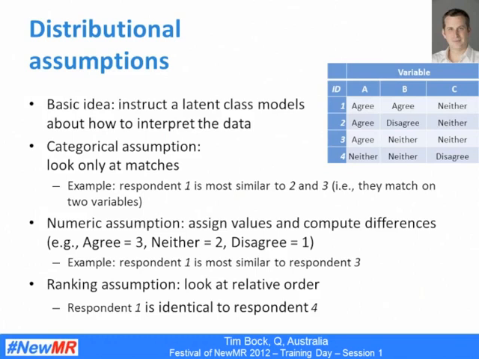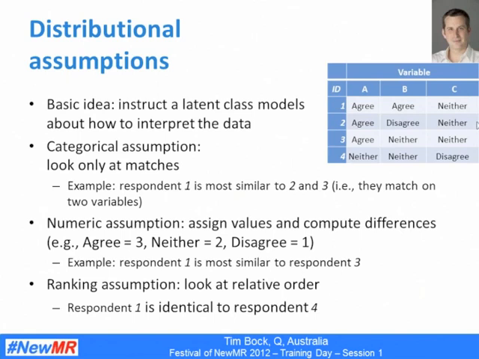So thinking about a rating scale, and here I'm going to show you for 4 respondents who have rated 3 statements, and they've been given a choice of giving them a response of agree, neither, or disagree. Now, when you adopt a categorical assumption, a latent class model, what happens is the maths of the model at an underlying level just works out which respondents are similar by looking at how many matches they've got.